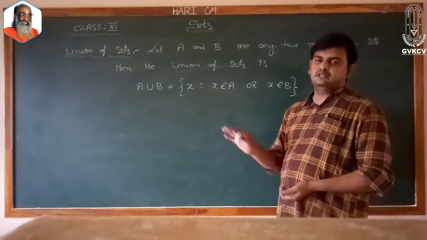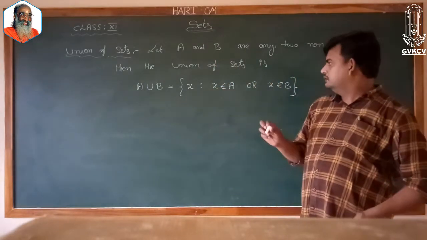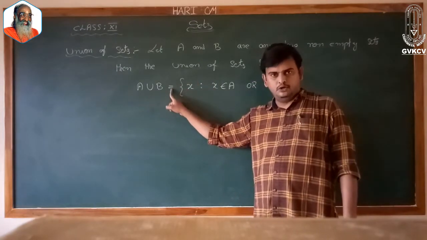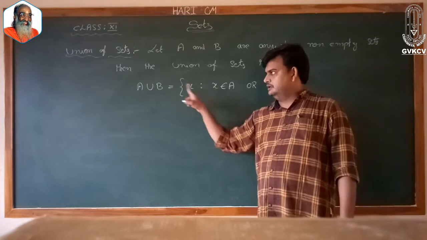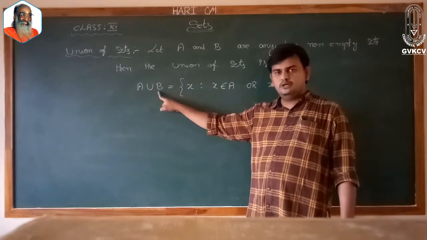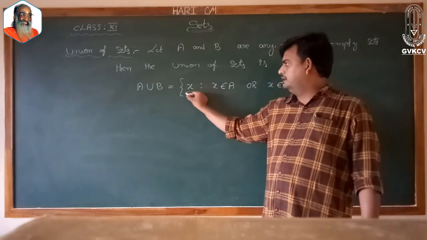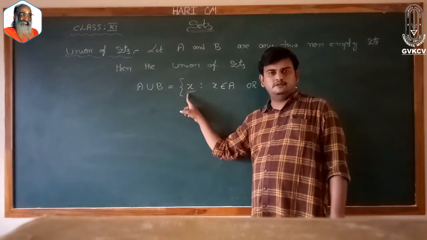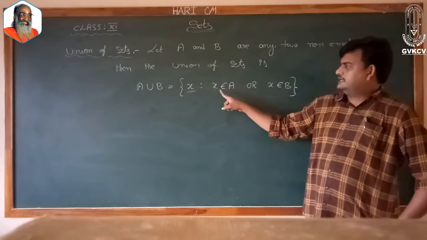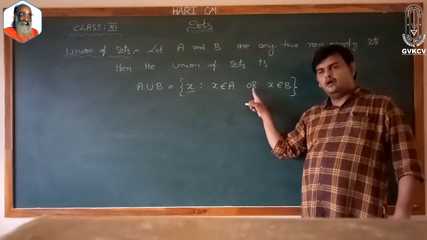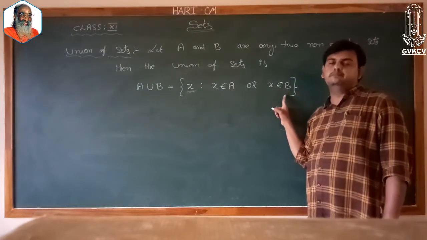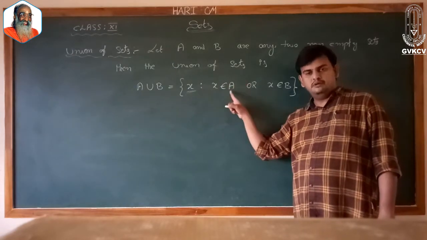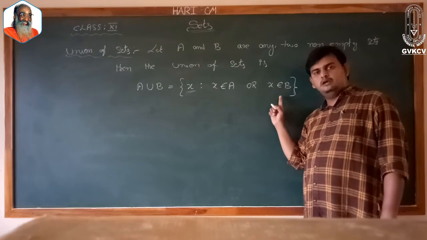In A union B we have an element X. How are we getting this X? This X may be in set A or may be in set B.